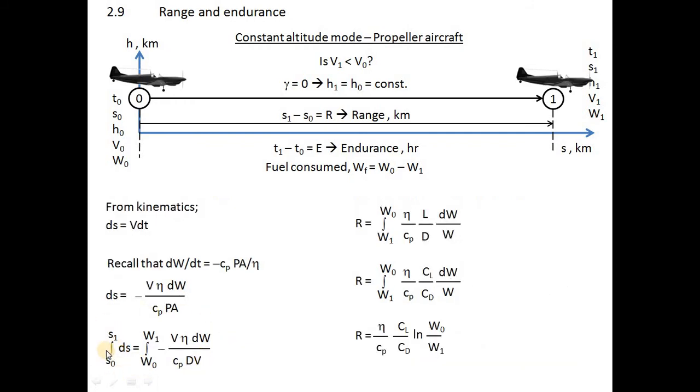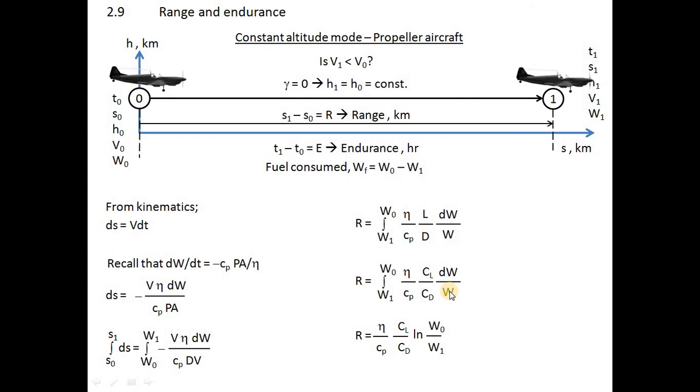Now this will become the range, and it becomes this equation. Now it looks a lot simpler, easier. As you do the integration, we get this equation. If you look at this, in this case this is constant, this is the flying property, and the weight.